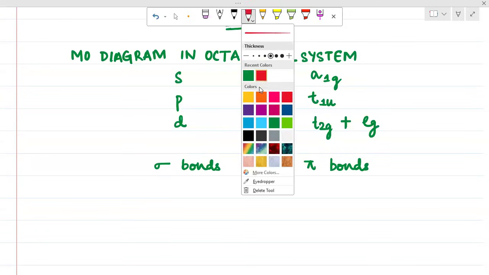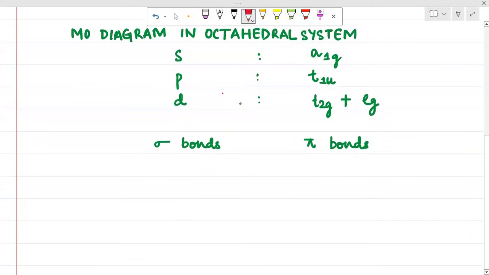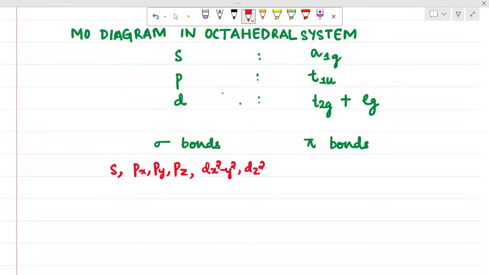Let's say you have sigma bonds. The orbitals that are associated with sigma bonds are S, Px, Py, Pz, and very important, dx square minus y square and dz square. These are the orbitals that are associated with sigma bonds in octahedral geometry. Now, if they ask in terms of symmetry, what are the symmetrical notations?